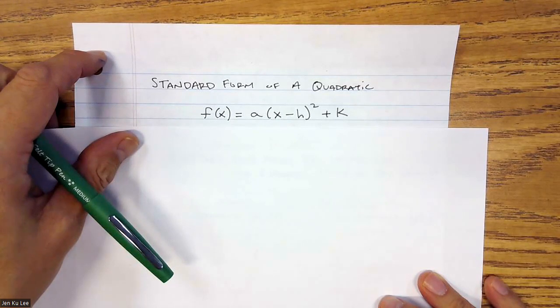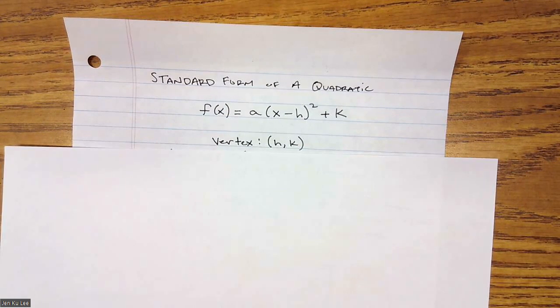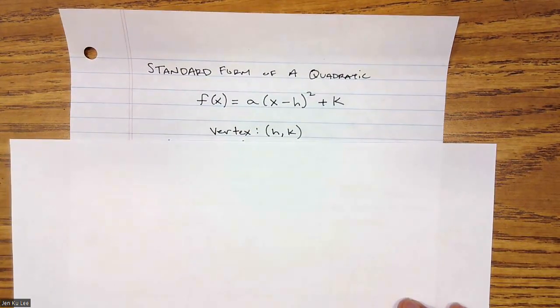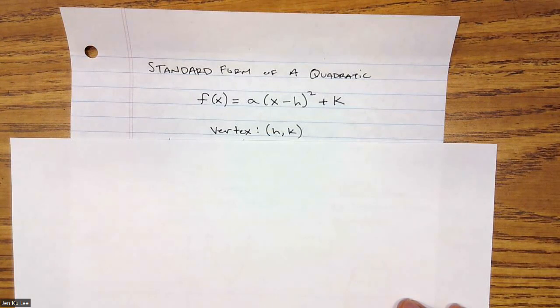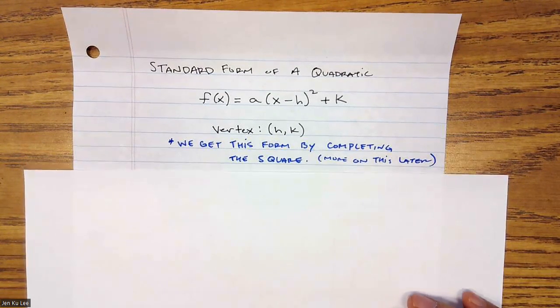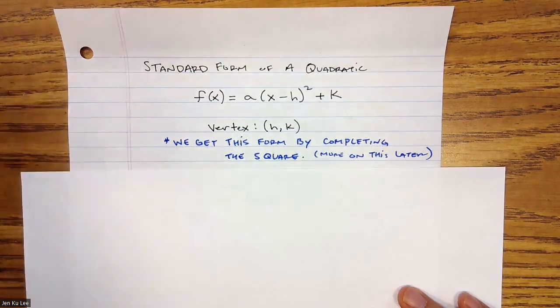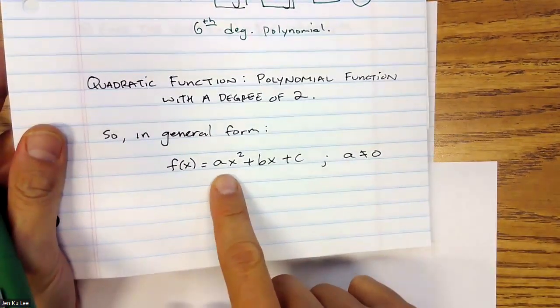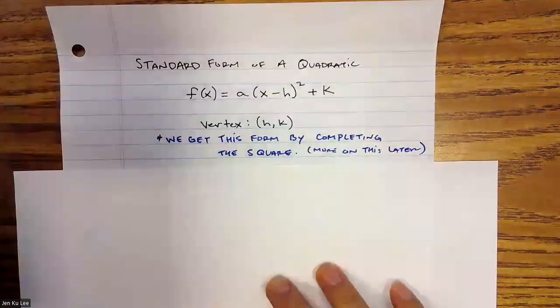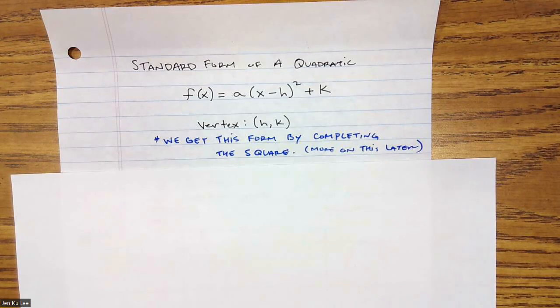That's the standard form of a quadratic function, where the vertex of this quadratic is h comma k, and we'll talk more about that in a little bit. What we're going to do today is learn how to get from this form to this form. We use completing the square, and I do have an example here, so we're going to cover that in a little bit.